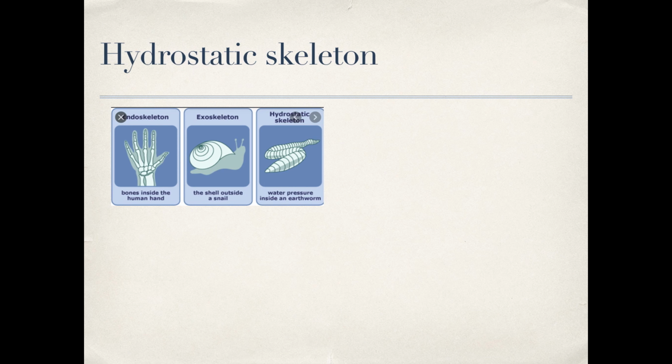But there are also animals which have neither an internal skeleton nor an external skeleton, and those animals in any case move and change their shape. They have what we call a hydrostatic skeleton.